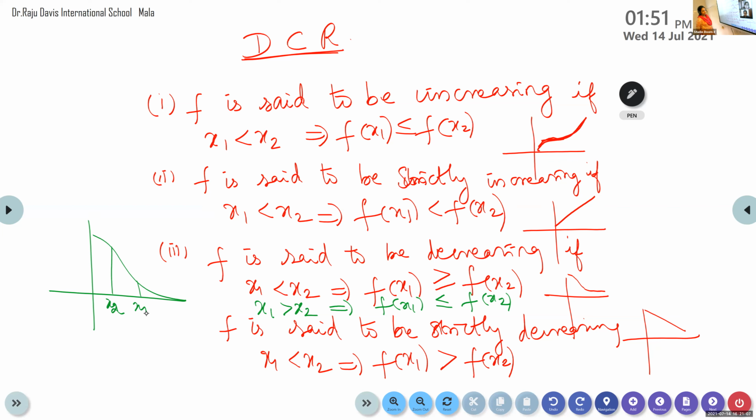If you draw the graph like this, this is the x-axis and y is always f of x. So here x1 is greater than x2, but f of x1 is less than f of x2. So they may ask like this also. The inequality they will change. Don't get confused suddenly. Apply the logic and think.